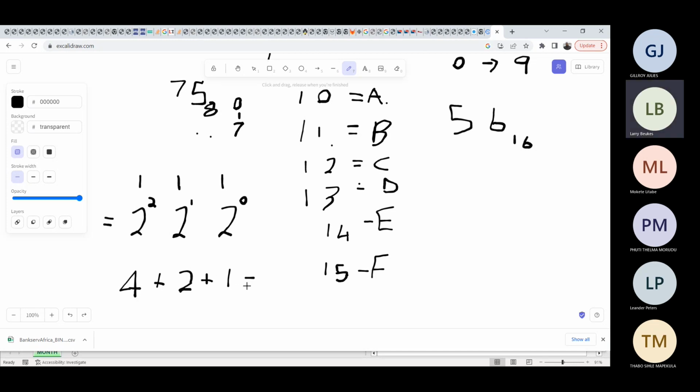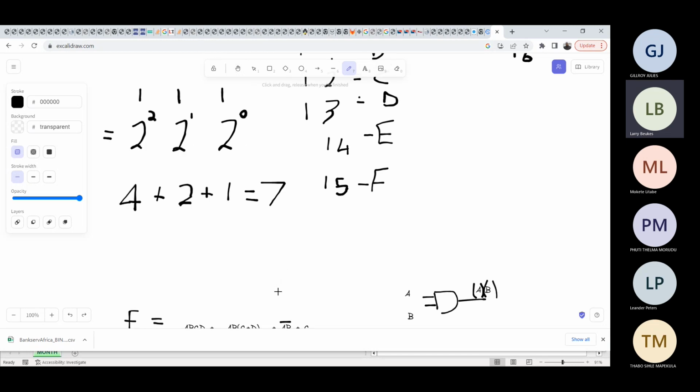So this is basically a 7. So 111 in binary is a 7 in decimal.